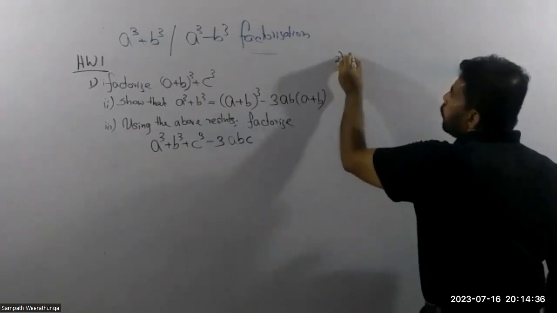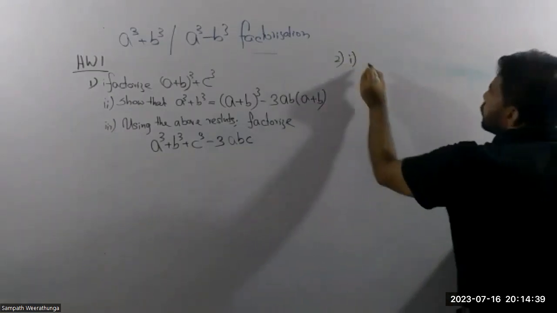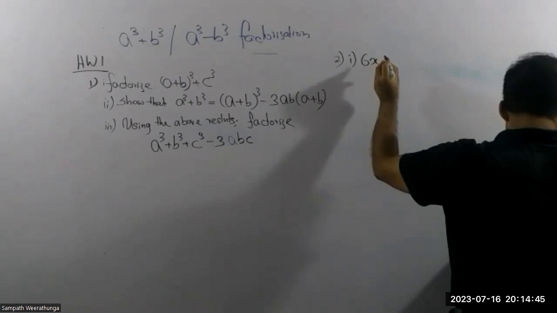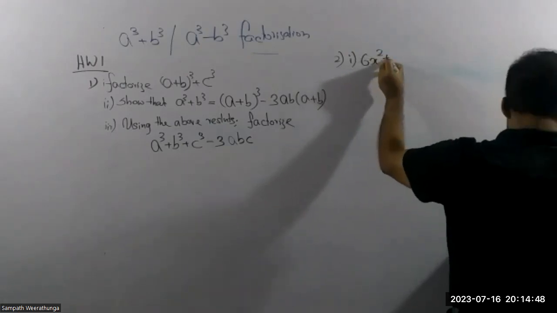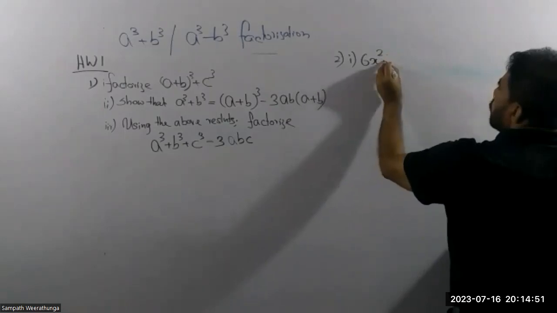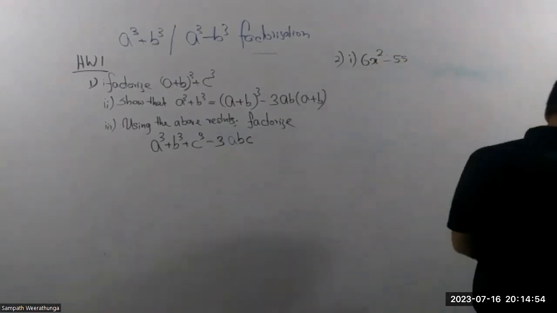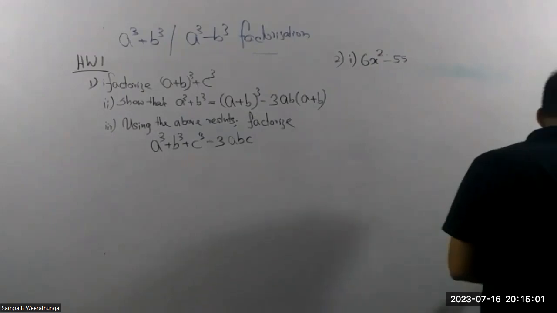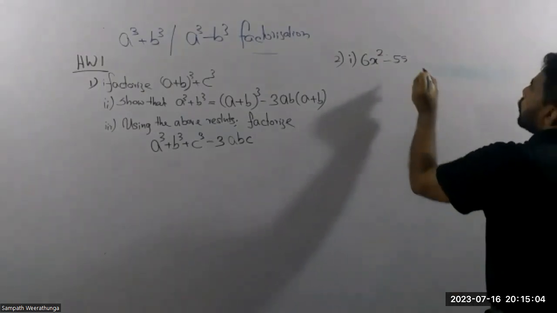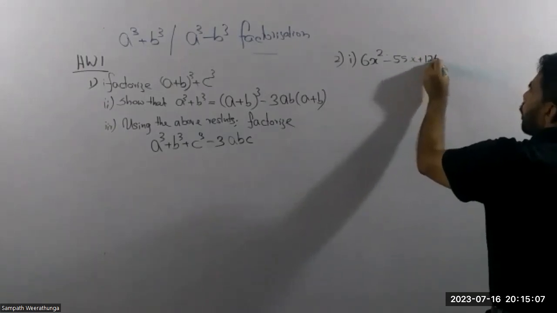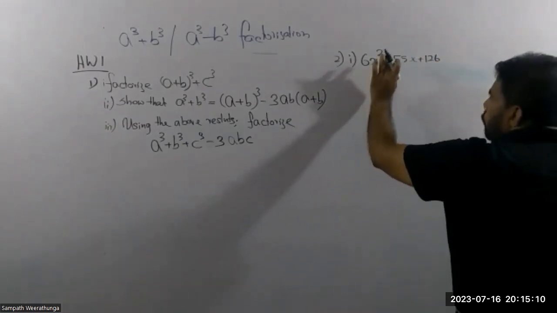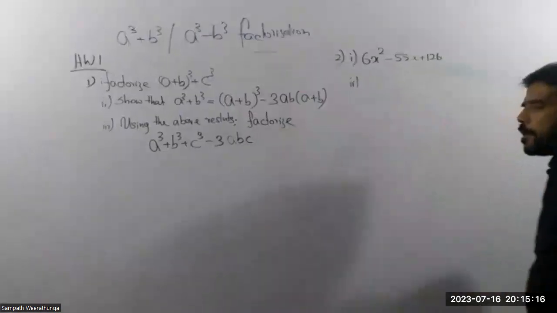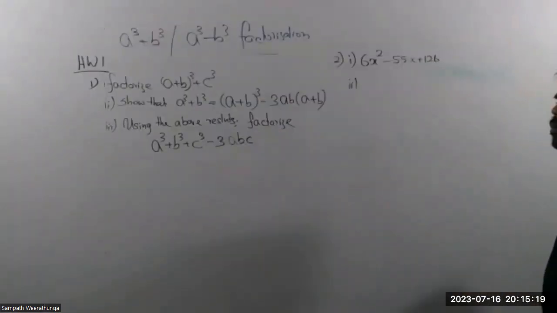Next, on the cells, part 2 and part 1. Factorize 6x squared minus 55x plus 126.